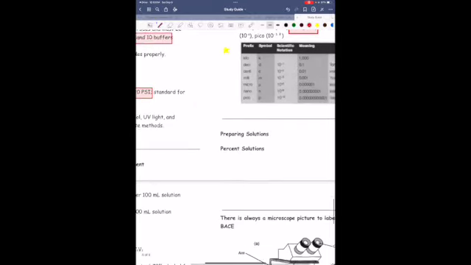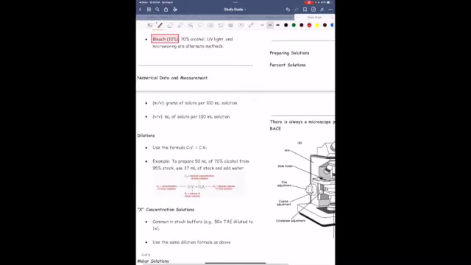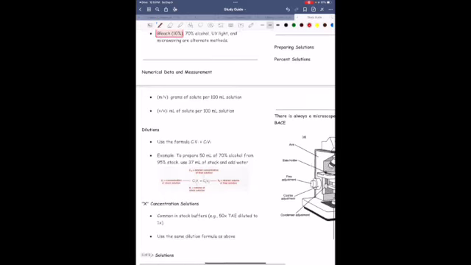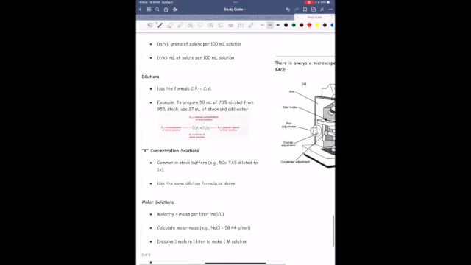All right, preparing solutions. I'm not going to spend too much time on preparing solutions because I think I'll just make another video over the math. But just a couple of formulas you should know: mass over volume, M over V, or V over V for volume over volume.